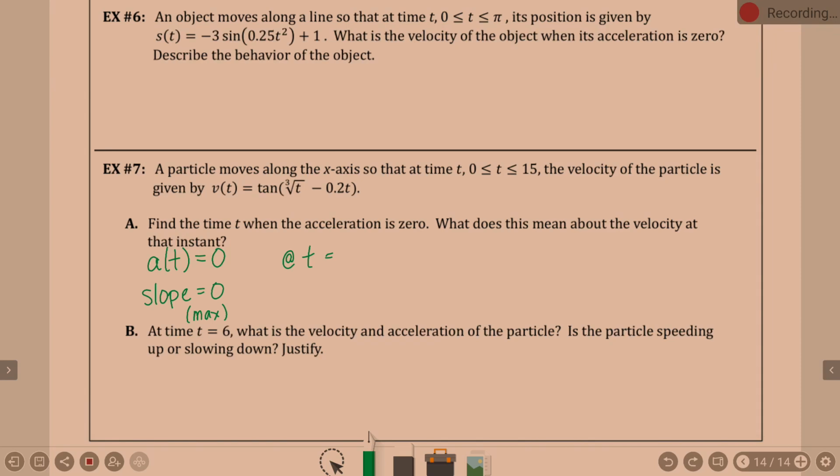I have it as 2.151657. So the acceleration at 2.1516 is equal to 0. What does that mean for the velocity at that instant? If the acceleration is 0, the velocity does not change.